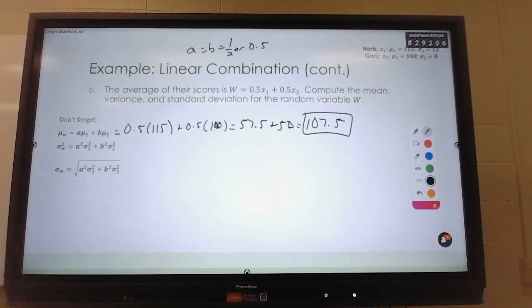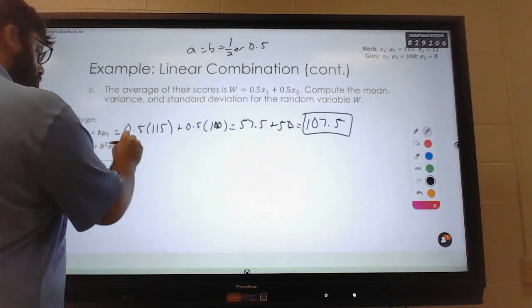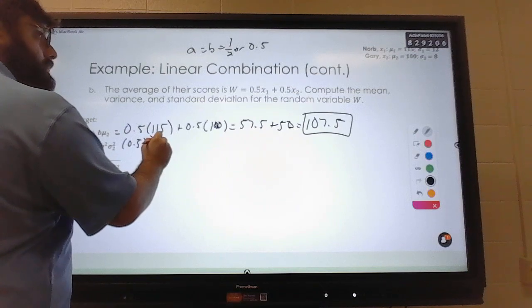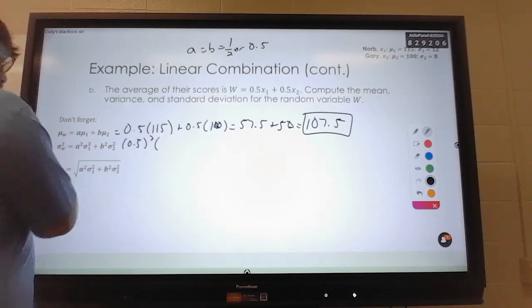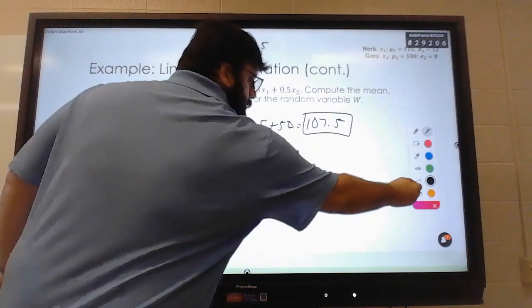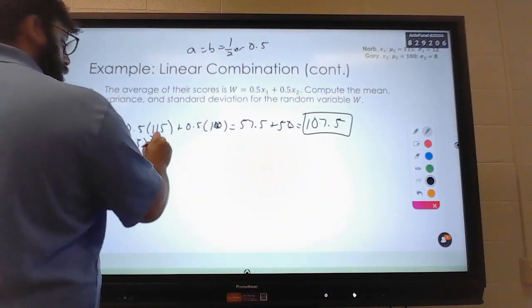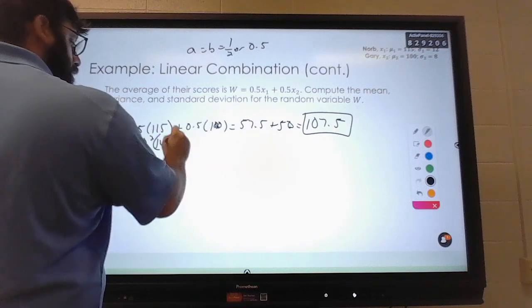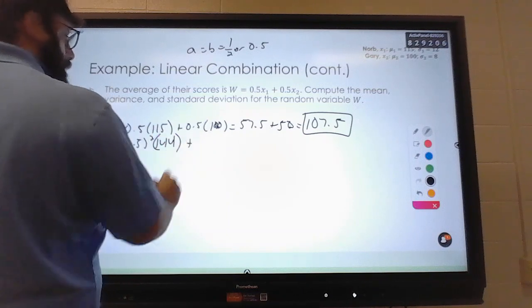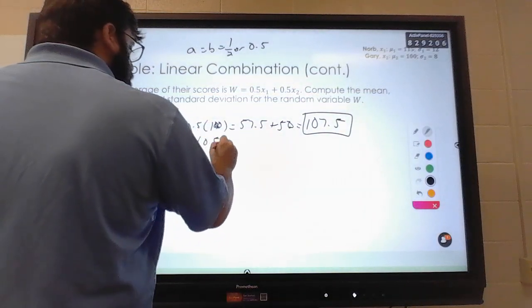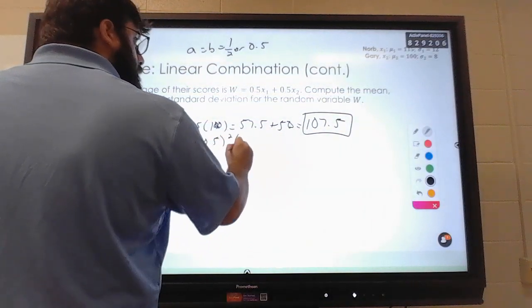All right, let's find the variance. 0.5 squared times... Actually, we already know what those squares are, so I'm just going to type in the square values. So 12 squared, that's 144. Plus 0.5 squared times 64.